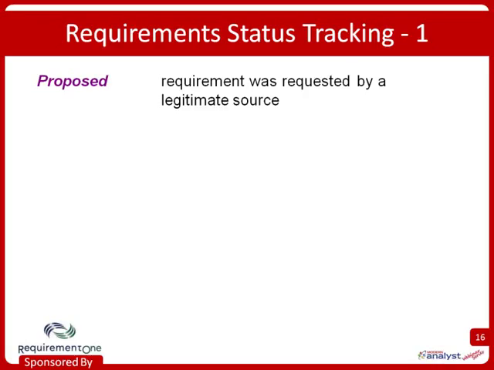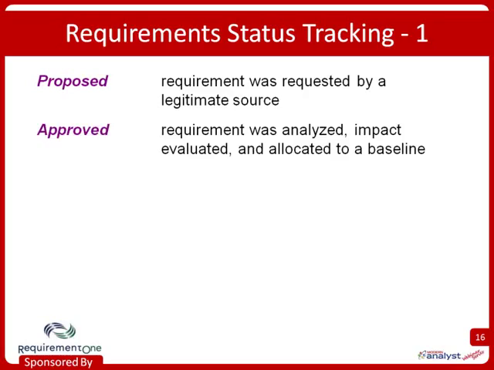That's the initial status. It means it came into view from some source we recognize as a place we listen to when they ask for something. And then after some consideration, perhaps the status changes to approved. We did some analysis, did some impact assessment, and we allocated the requirement to a particular baseline and planned to implement it at some point. So the status is now approved.